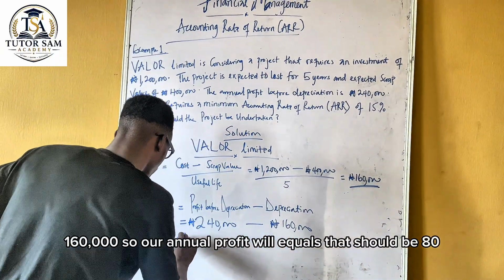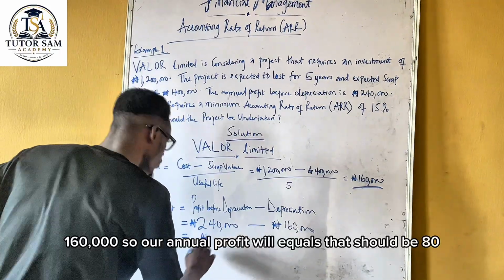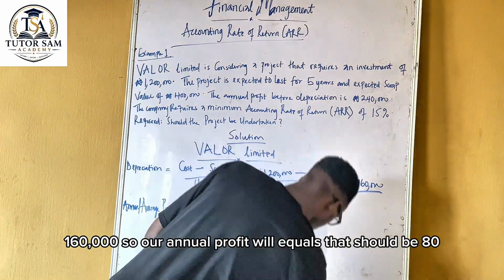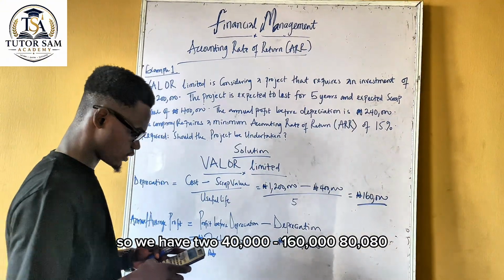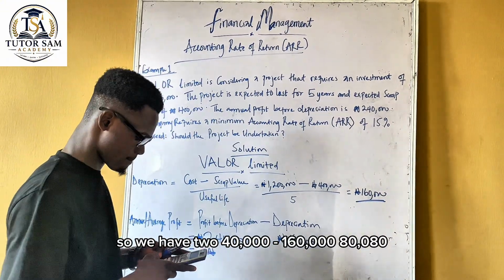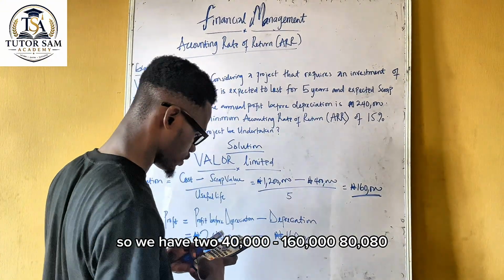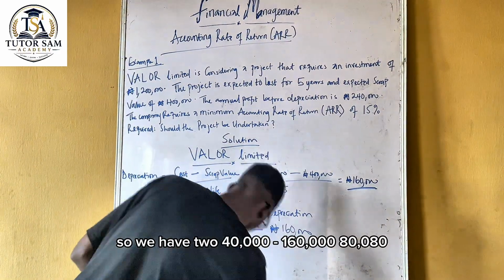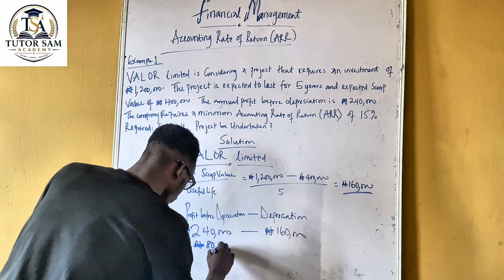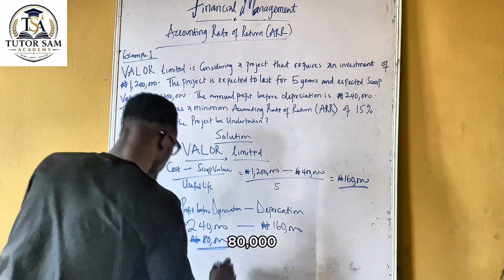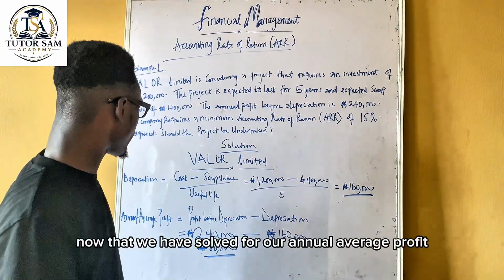So that should be 80. We have 240,000 minus 160,000. That's a nice 80,000 naira.